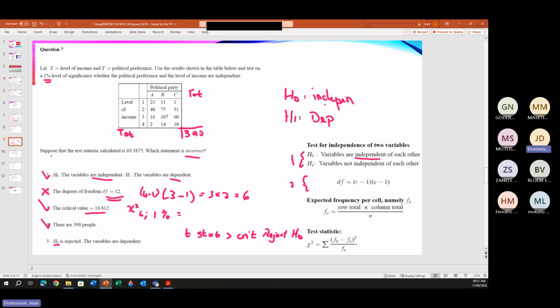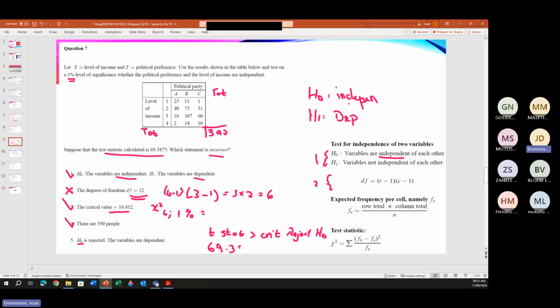So let's see, they tell us the critical value, and the T stat is 69.38. Is that bigger than 16.812? Which it is, so H0 is rejected. Okay, and that is correct.